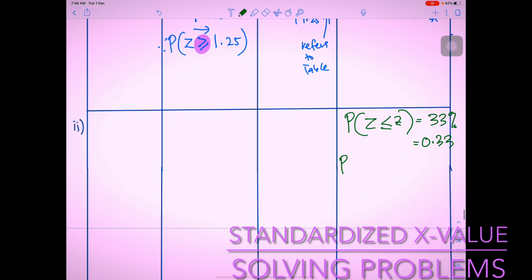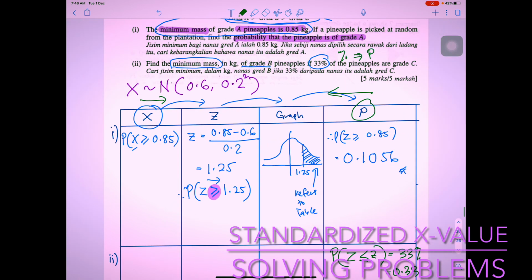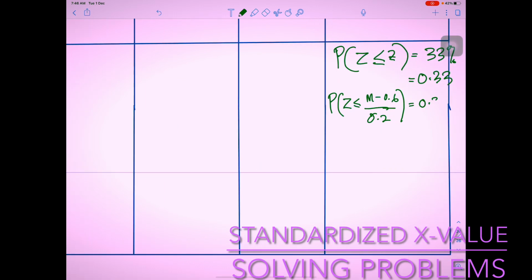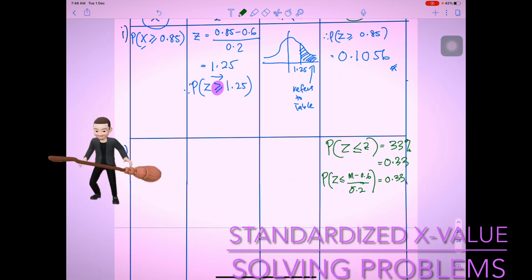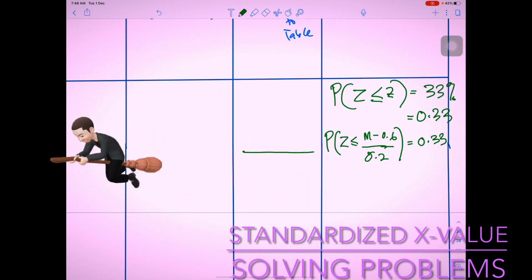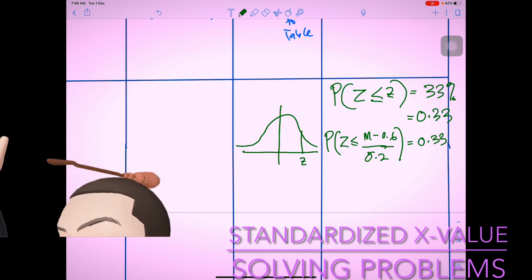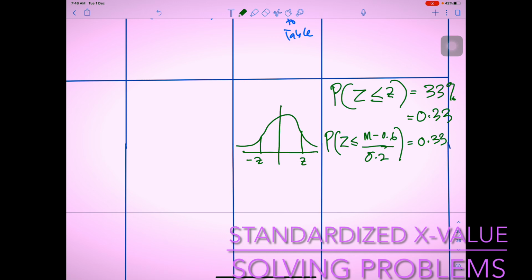Therefore P(Z less than or equal to M), where M is the minimum mass, so M minus the mean 0.6 over the standard deviation 0.2, equals 0.33. And the next step is to sketch the graph. Sketch a bell curve, with Z positive on your right and Z negative on your left.